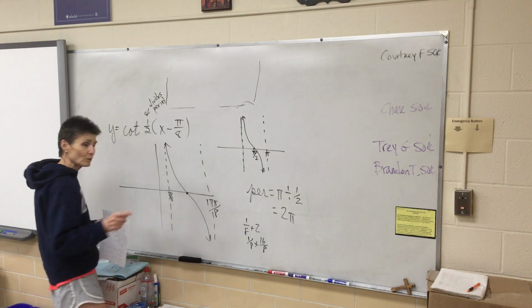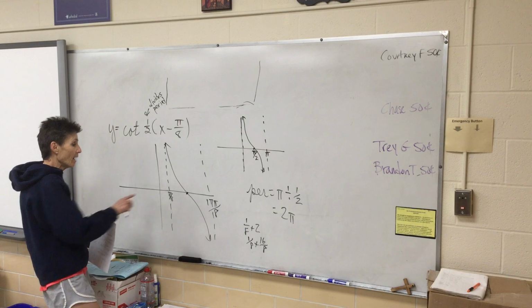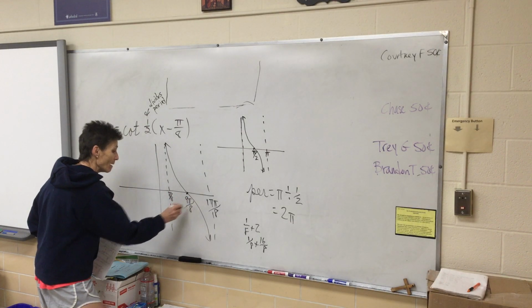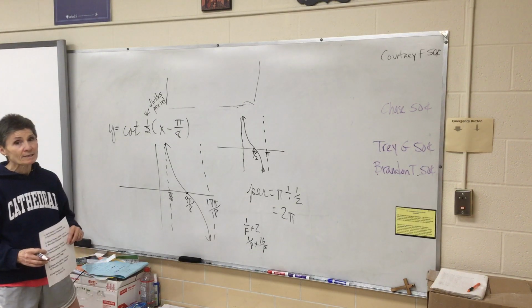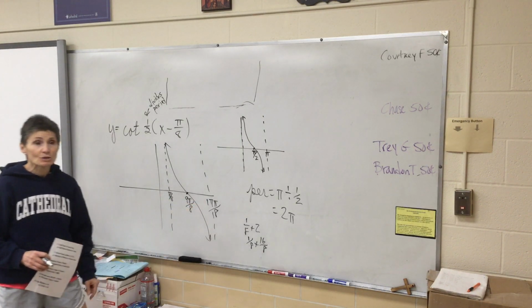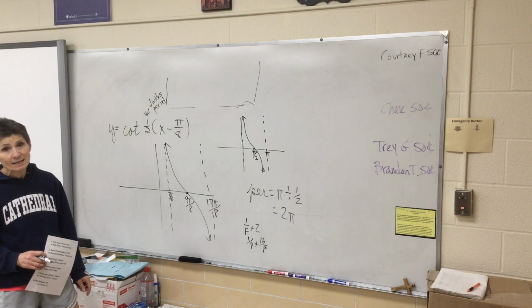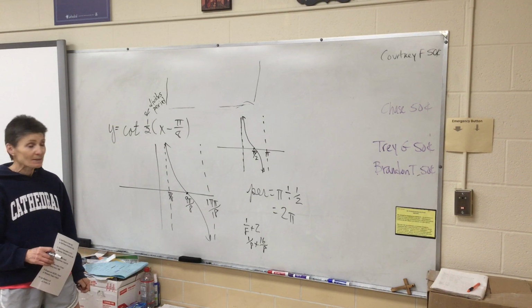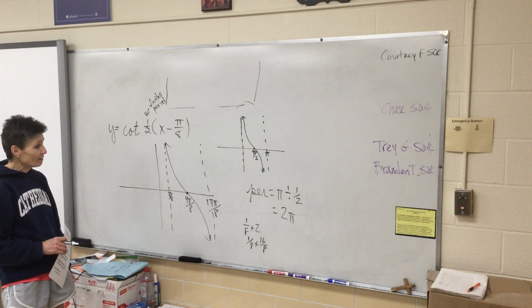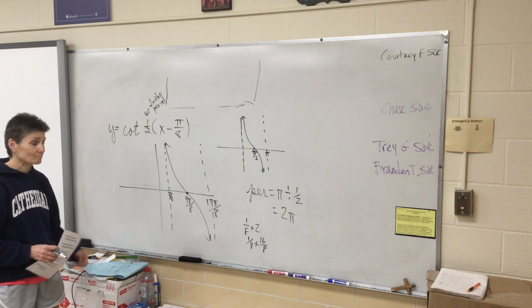So the average or the midpoint of 1 and 17 is 9. Remember, to find the midpoint, we average: add, and divide by 2. So 1 and 17 is 18, divided by 2 is 9. So there is a picture of that curve.